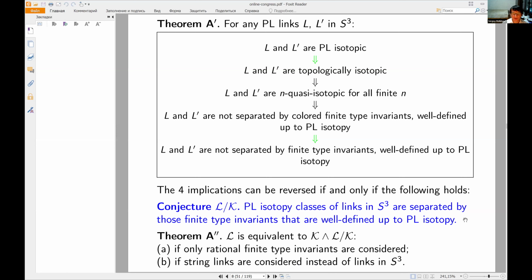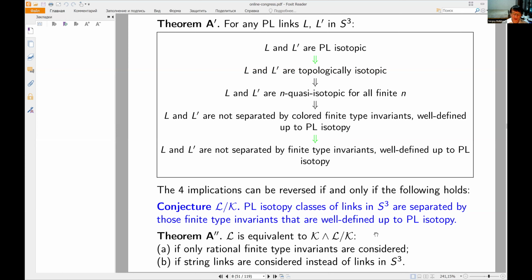And you might ask how this Vassiliev conjecture for links modulo knots is related to the original Vassiliev conjecture. The answer is it can almost be shown to be equivalent to. I can almost show that the Vassiliev conjecture for links is equivalent to the conjunction of the Vassiliev conjecture for knots and the Vassiliev conjecture for links modulo knots.